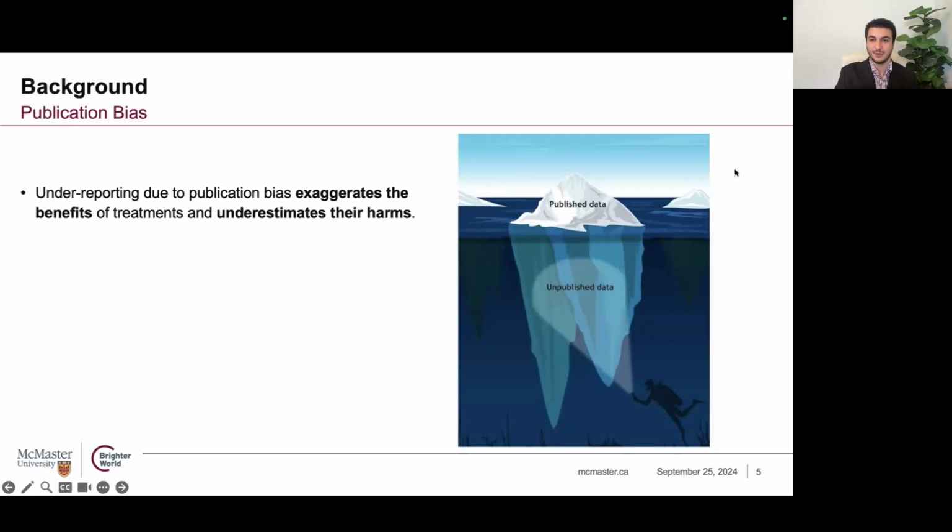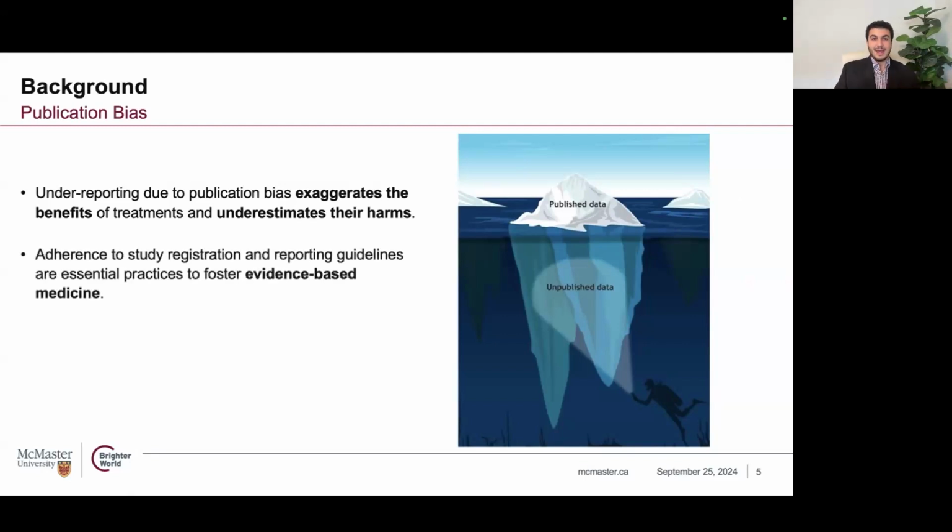And as the image depicts here on the right, there is a staggering amount of unpublished data in the research world. And for us here, evidence-based medicine is the cornerstone of guidelines and medical treatments and therapies and the cornerstone of further research. And unfortunately, if we cannot keep the publication bias threshold in check, we cannot validate the integrity of the evidence that's being used in evidence-based medicine.